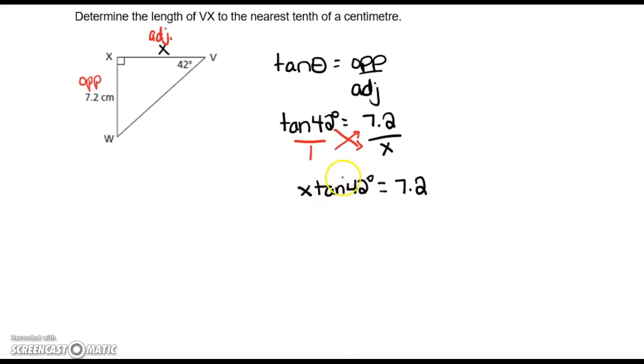The operation between x and tan of 42 is multiplication, so to get rid of tan of 42, we're going to divide. Because this is an equation, what you do to one side, you have to do to the other side. So tan of 42 cancels out tan of 42, and we're left with x is equal to 7.2 divided by tan of 42.